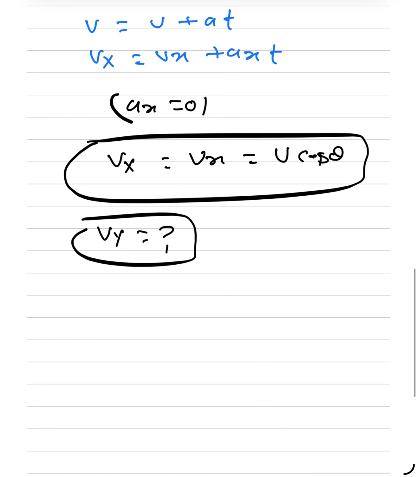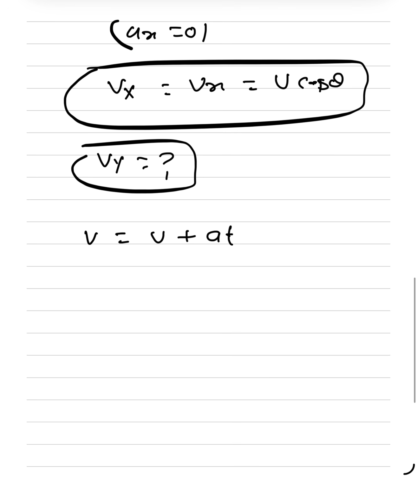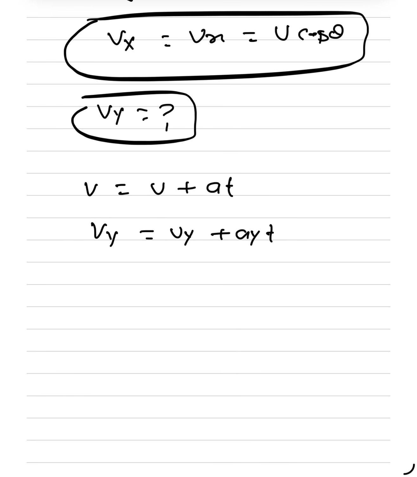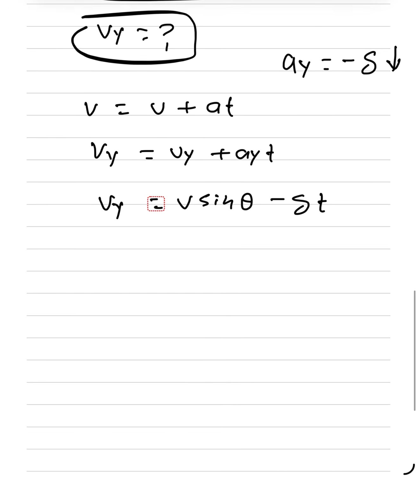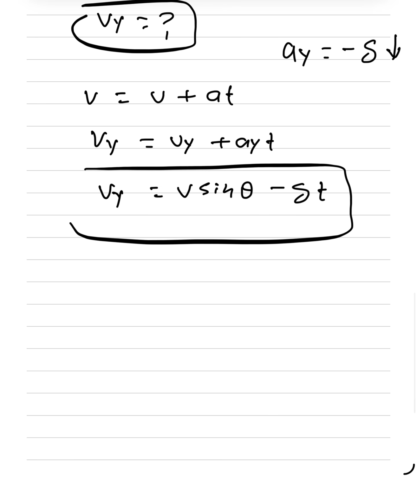And the vertical component, from the first equation of motion v equal to u plus a t, converted along the vertical direction, y axis, vy equal to uy plus ay t, and using the values vy equal to u sin theta minus g t, because ay equal to negative g, because gravity always acts in the vertical downward direction.